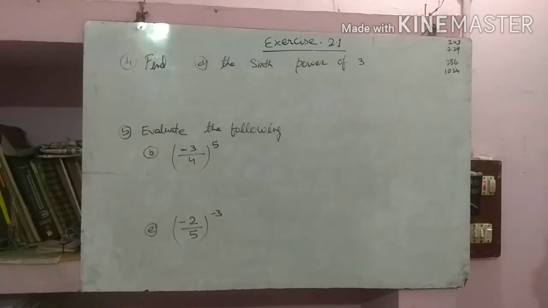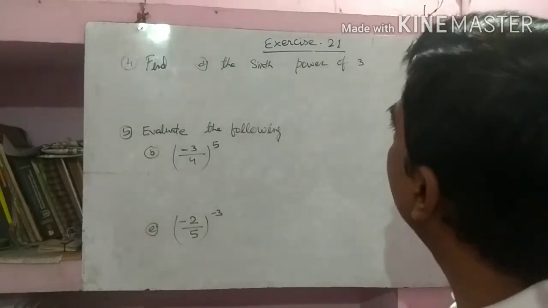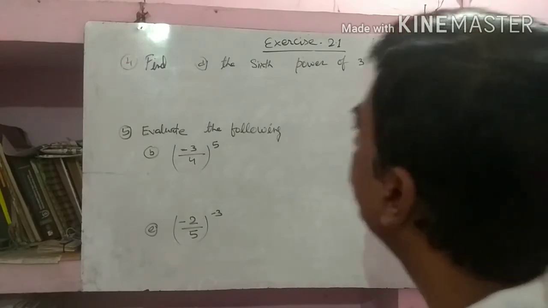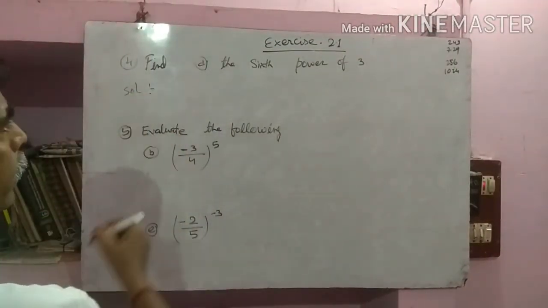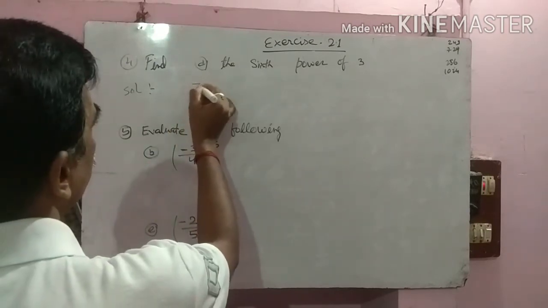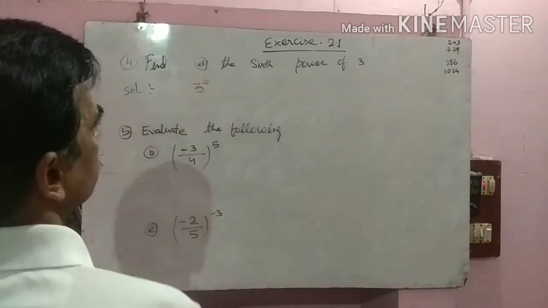Look here, question number 4 is find the sixth power of 3. It means the question is saying we have to get the value of 3 raised to the power 6.